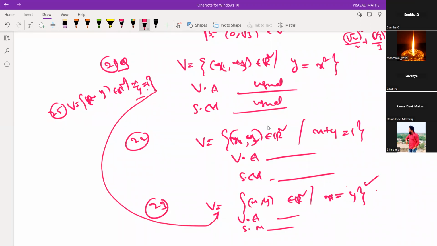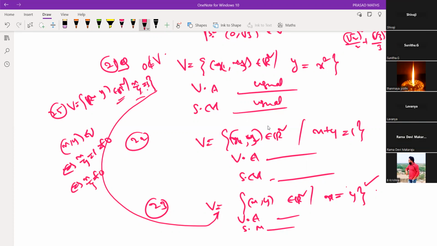No, right? If you observe, the zero vector is not in this set. X by y equals 1 means any element you take in V satisfying it is non-zero, since 1 is non-zero.